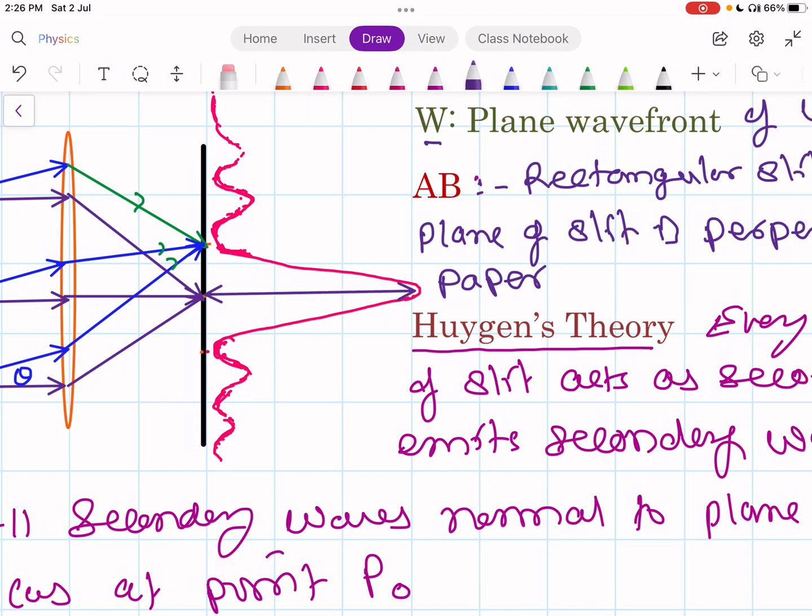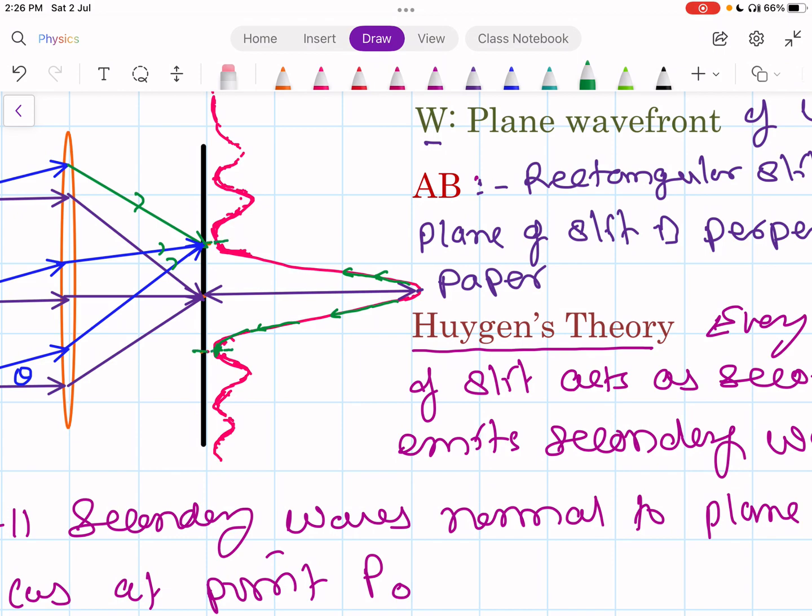At the center, you can see this arrow shows the amplitude or electric field, and the length of this arrow is maximum at the center, so at the center you will get the maximum intensity. But as you go away from the center, in this direction or in this direction, the intensity of that central maxima decreases. It goes on decreasing in this way, and at this point there is a minimum intensity.